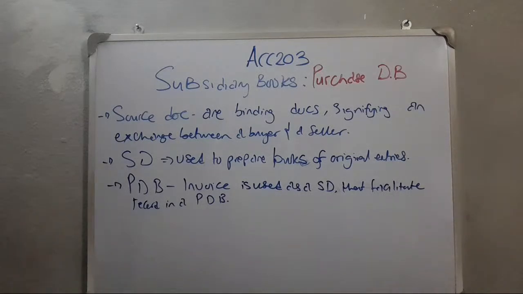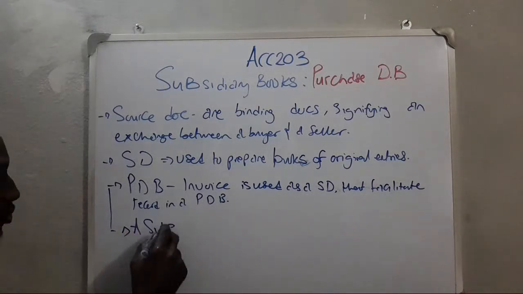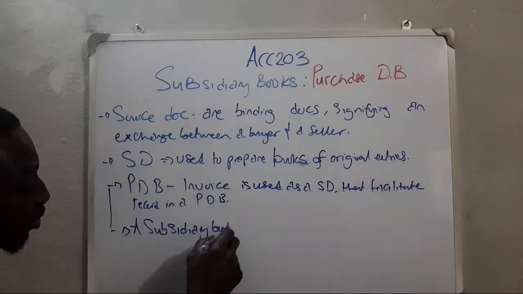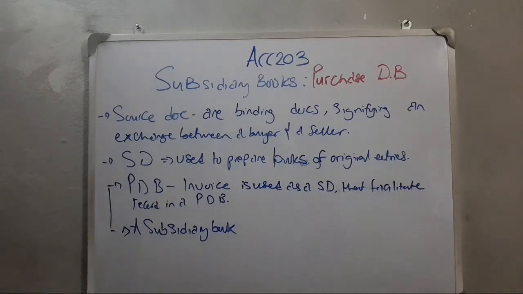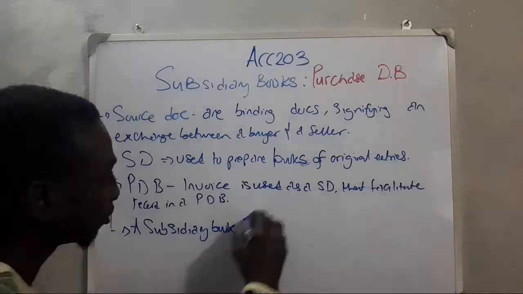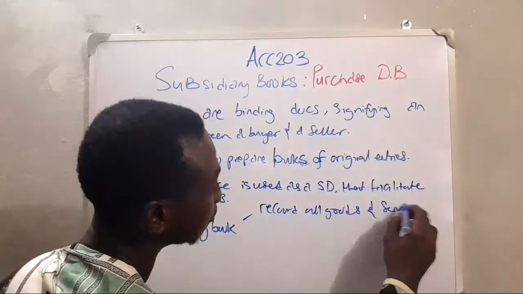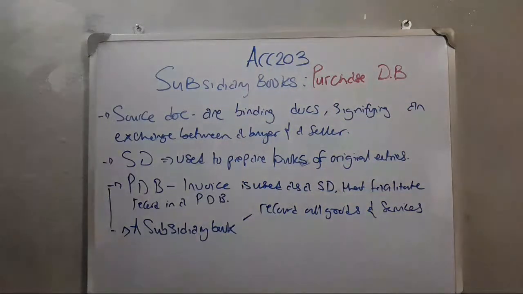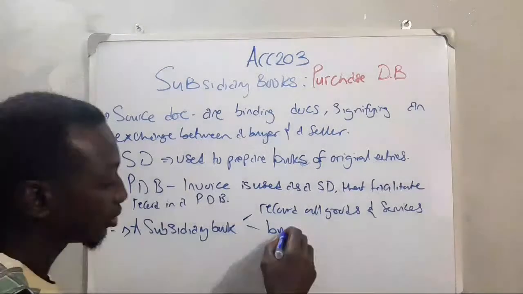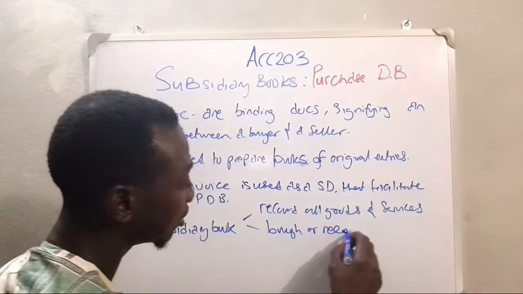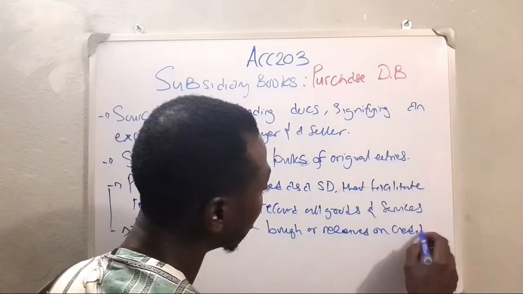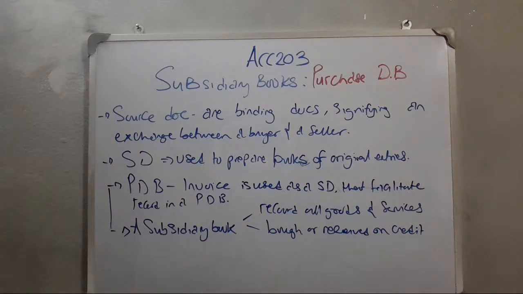It is a subsidiary book, and this subsidiary book is used to record all goods and services bought or received on credit.